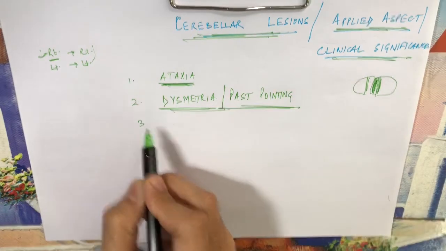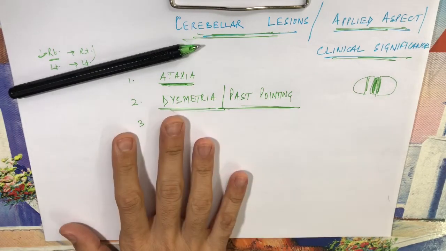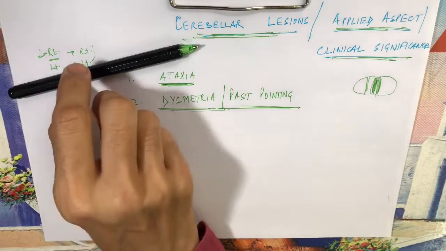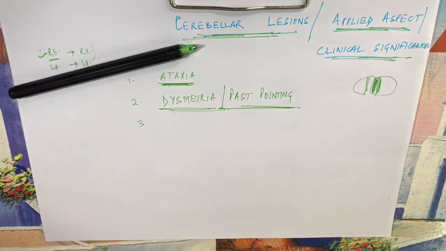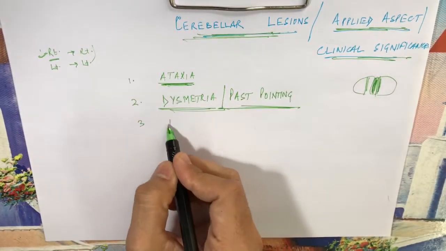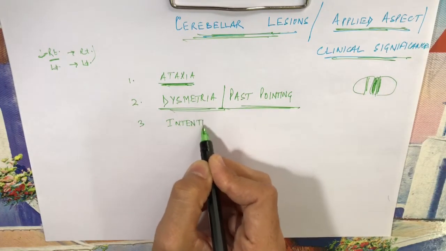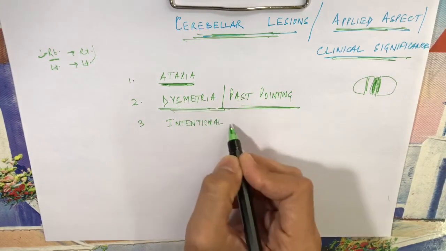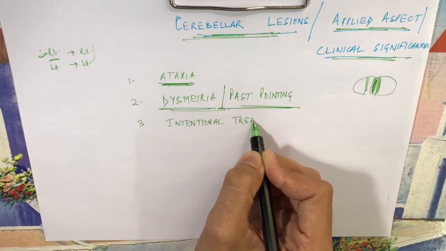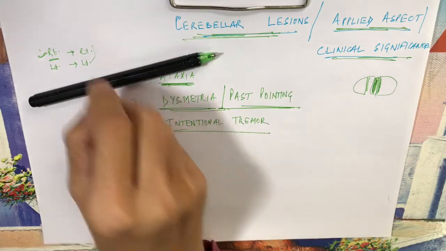The third one is, when this is happening, normally there should not be any hesitation, it should be a very fine, smooth movement. Hesitation tremor or intentional tremor will happen in the case of the cerebellar lesion. What does it mean? First, it might overshoot.